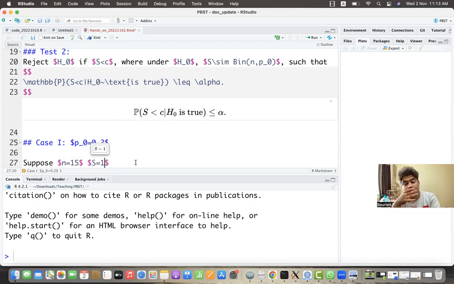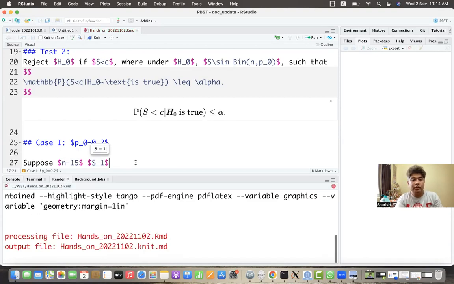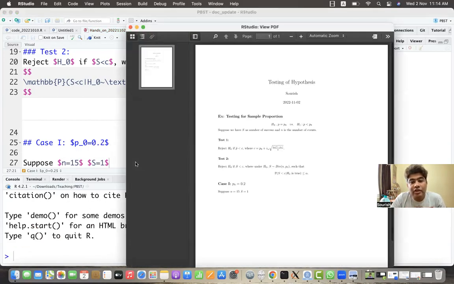Now, what will happen if you have observed n is 15, S equal to 1? Actually S doesn't matter here.